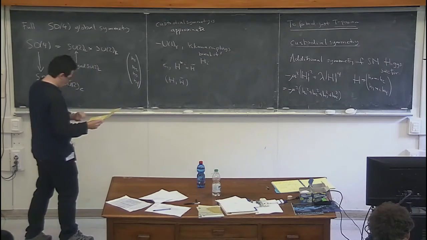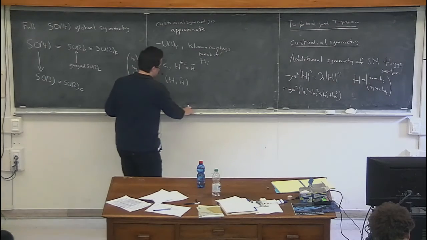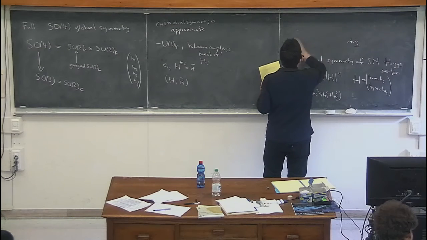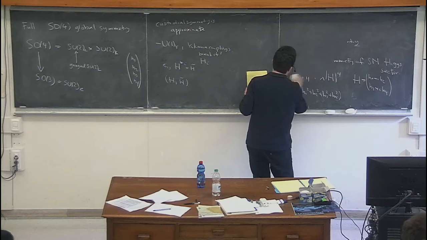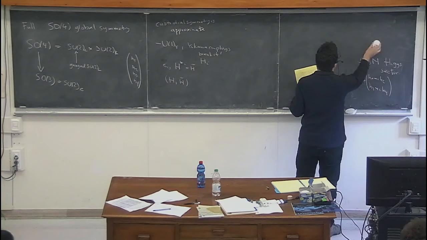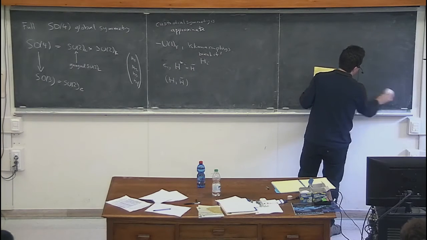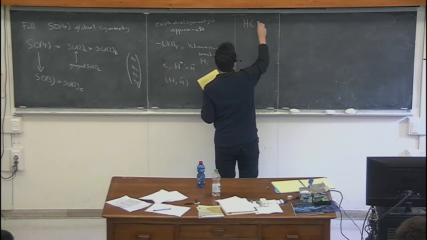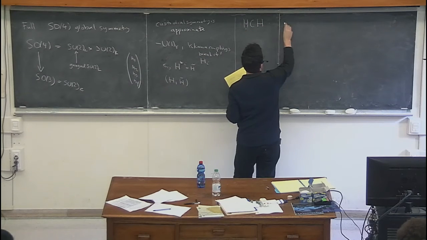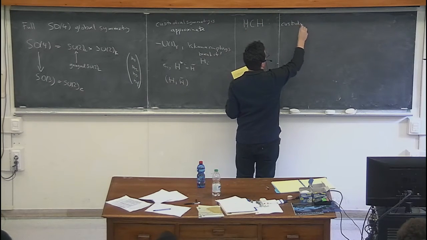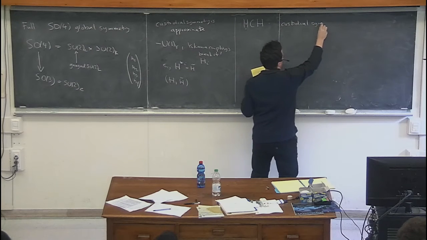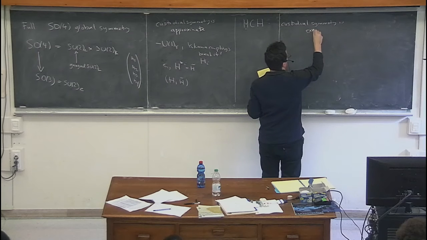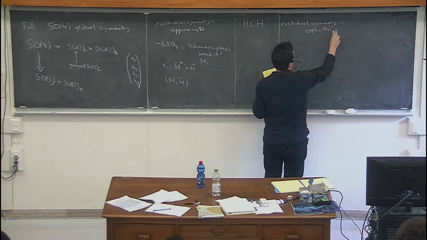What this minimal composite Higgs model does for you is to explicitly incorporate custodial symmetry into the global symmetry breaking pattern and make sure that such corrections will be absent. So the main feature of these minimal composite Higgs models is that custodial symmetry is explicitly incorporated and maintained.